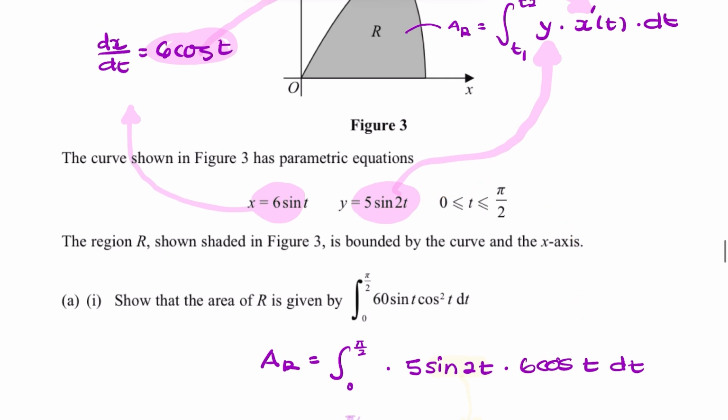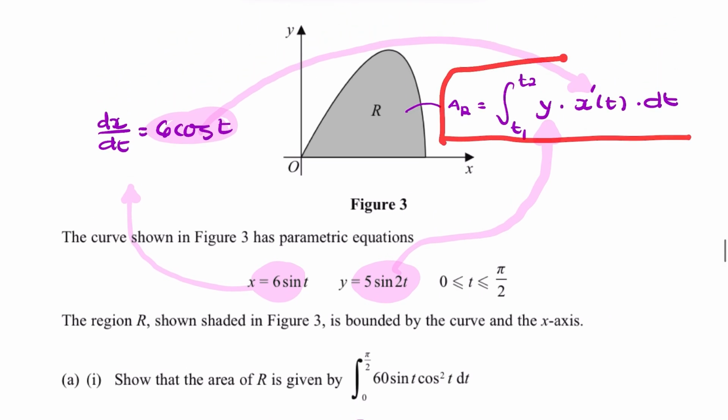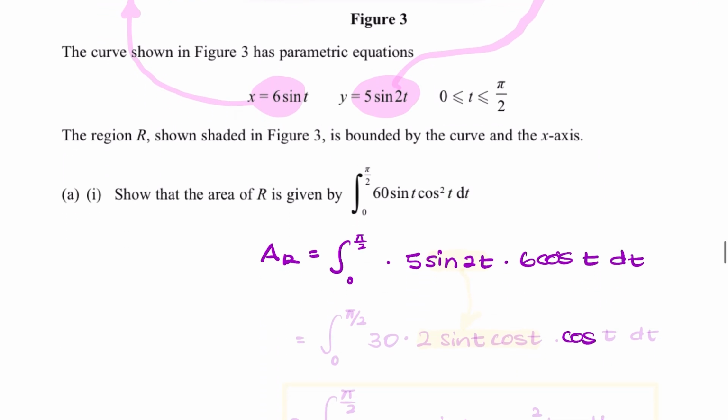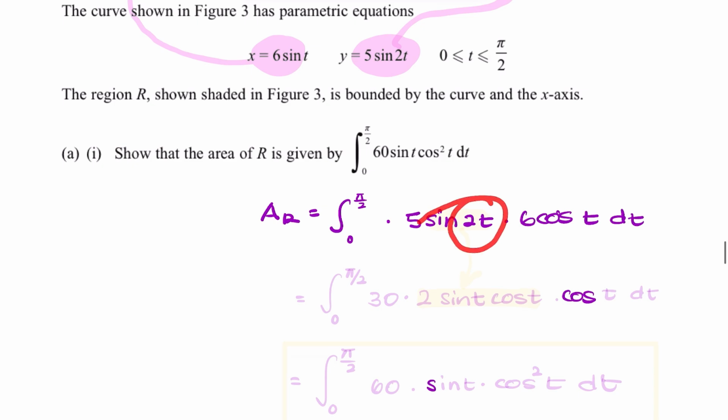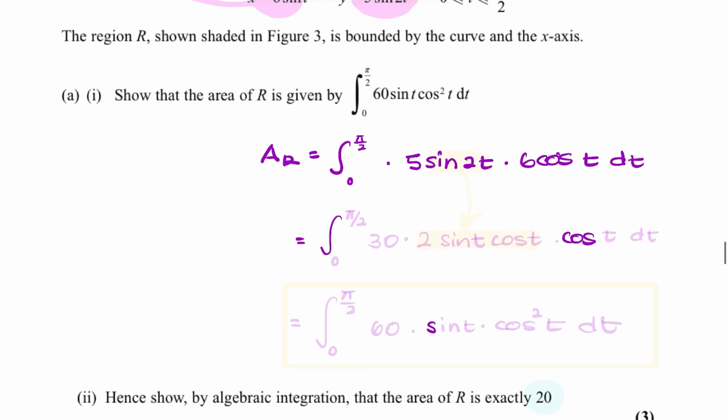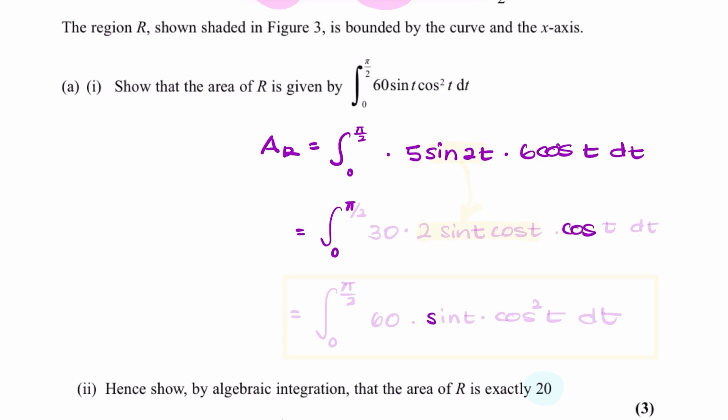Then we can use the double angle formula to rewrite sine 2t. So that's equal to the integral from 0 to pi over 2. The 5 and the 6 give you 30. And sine 2t is 2 sine t times cosine t.